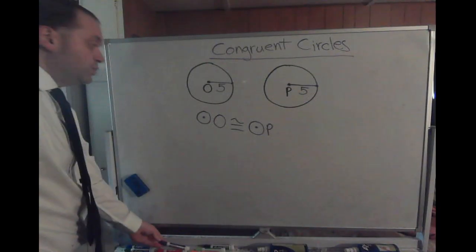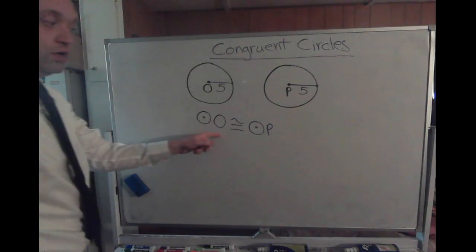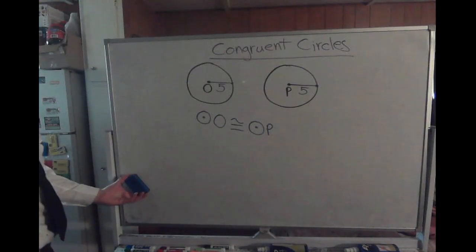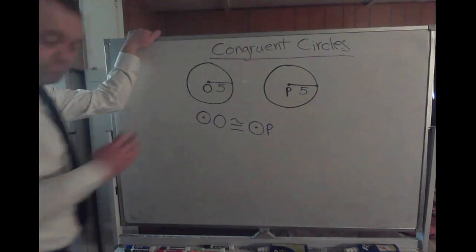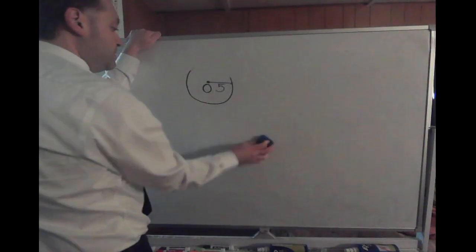So we can say, since these two circles have congruent radii, that circle O is congruent to circle P. All right.